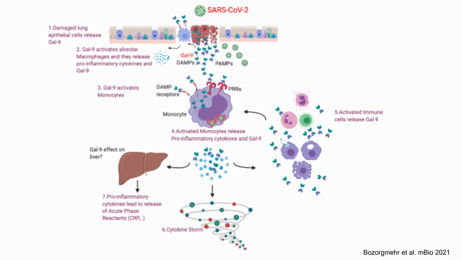And galectin-9 can also interact with other innate immune cells. They become activated and start releasing galectin-9. And then this results in the cascade of cytokine storm. So we propose in this study that the main driver of the cytokine storm in COVID patients is galectin-9.